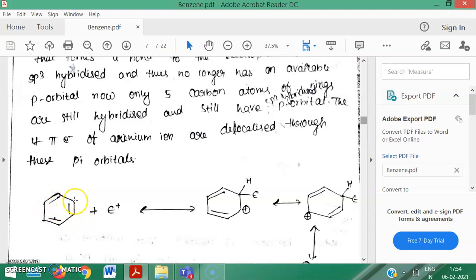The above explains that benzene contains 6 carbons, and each carbon is in the sp2 hybridized state. What does sp2 hybridization mean? Carbon has 6 electrons, 1s2, 2s2, 2p2.